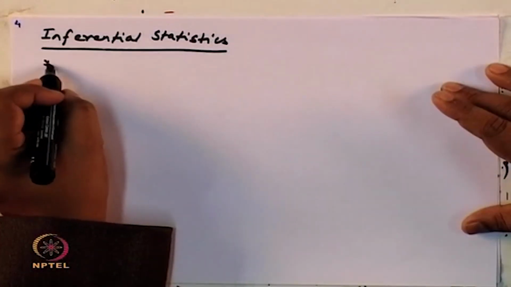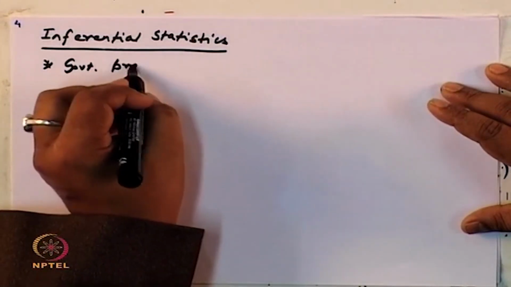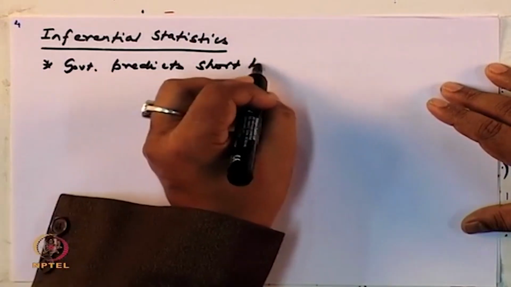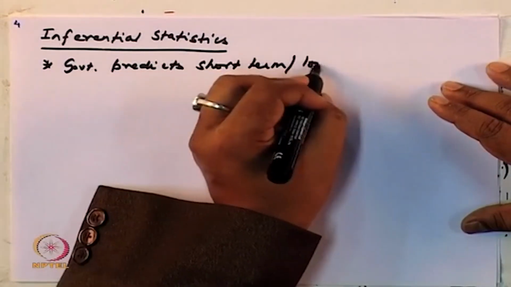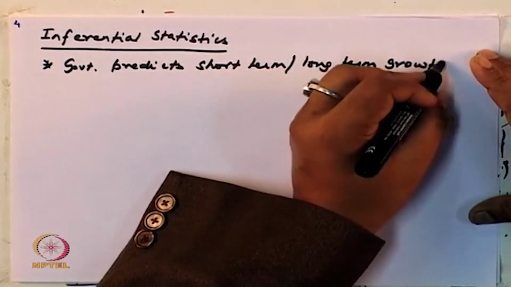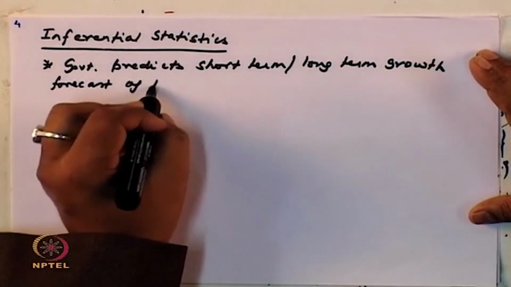Some examples: let us say government often predicts the short term or long term growth rate, or growth forecast of the country.